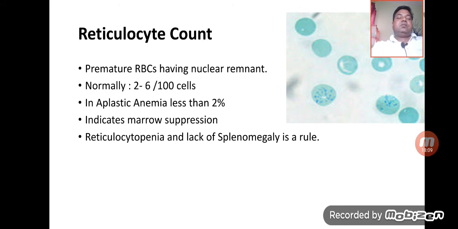Whenever the reticulocyte count is decreased, we usually see that there is suppression of the marrow. So reticulocytopenia and lack of splenomegaly is a very important rule for the diagnosis of aplastic anemia. So this is very important. Reticulocytopenia means the reticulocyte count is less than 2%, and the patient does not have splenomegaly.